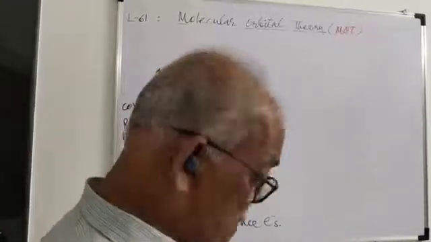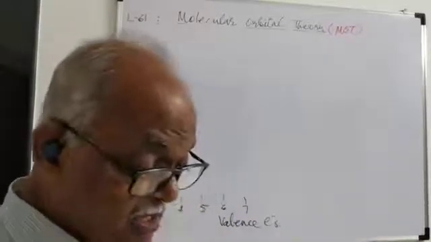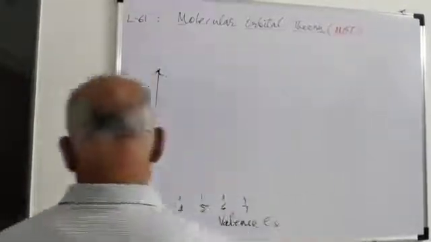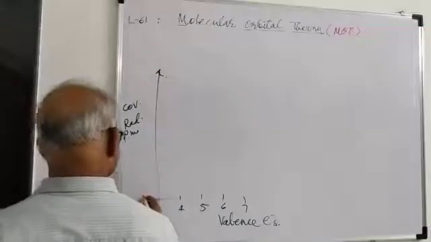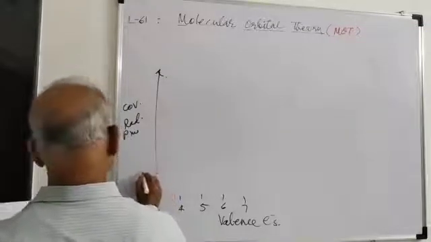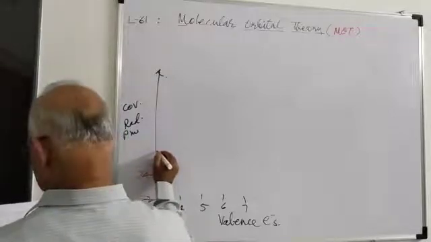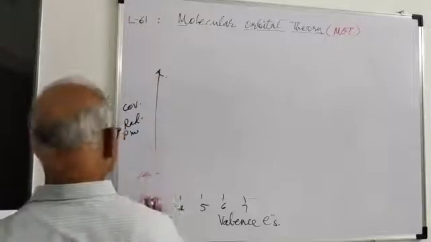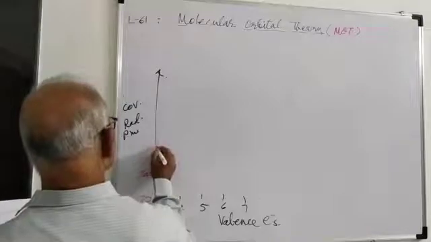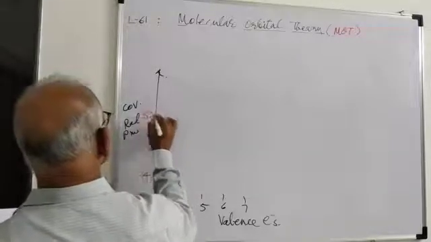So if we compare this with boron, the covalent radii are plotted here like this: 72 pm, picometer. Here you will have 74. Then 70. Then 70, 74, 78 and 82 pm.